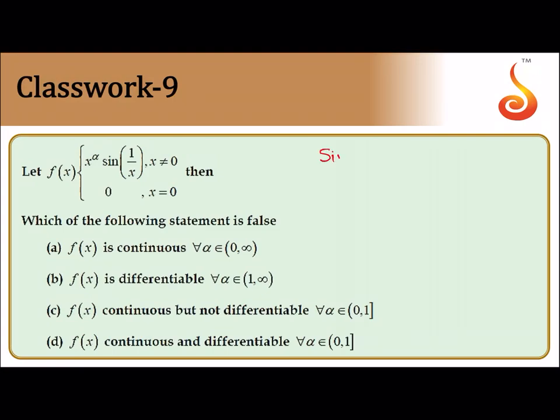So option C is correct. H dash x is continuous at x equal to 0, but it is not differentiable at x equal to 0.